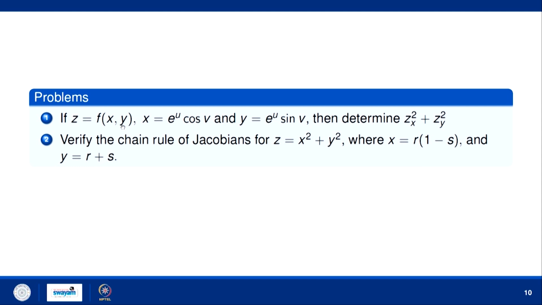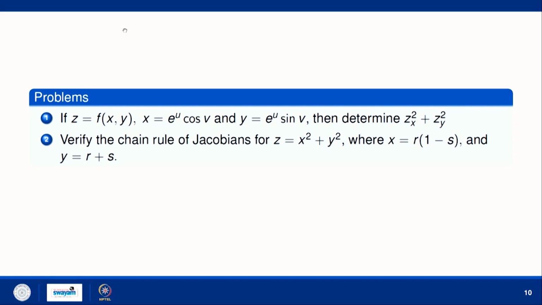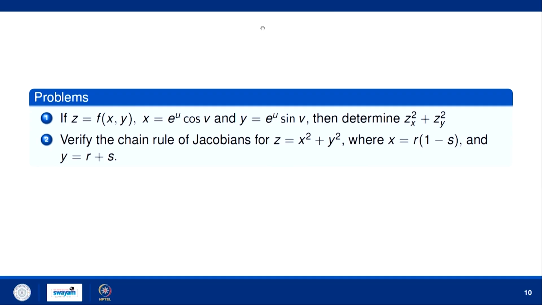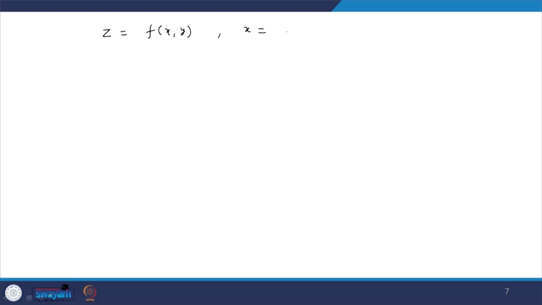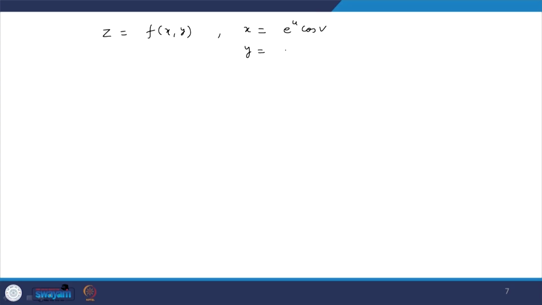Say, for example, the first problem: z is a function of x and y. Let us try to find z_x here; on the same lines we can find z_y also. So, what is z here in this problem? z is a function of x and y, where x is e raised to power u into cos v, and y is e raised to power u into sin v.